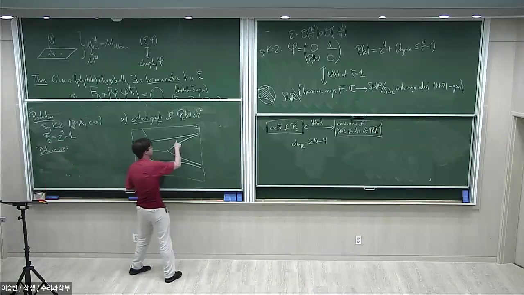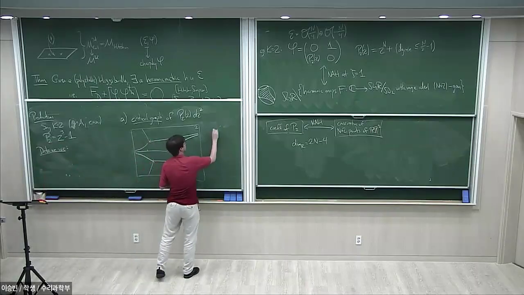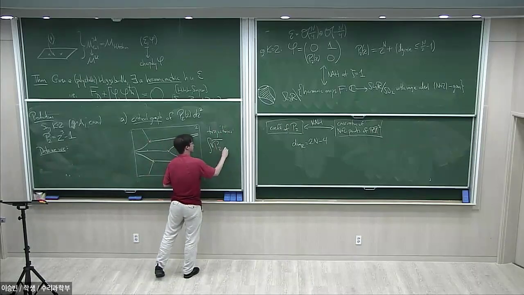So what's the meaning of the trajectories? They're the lines along which this quantity is imaginary.